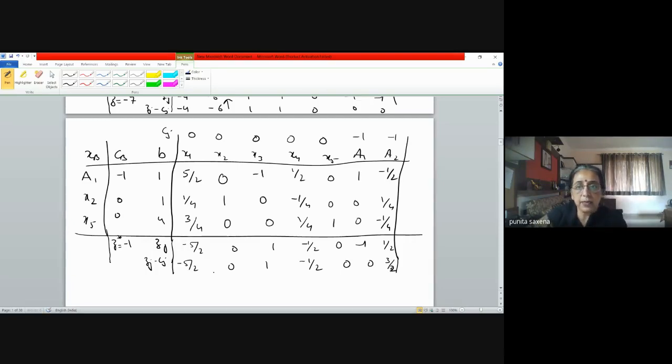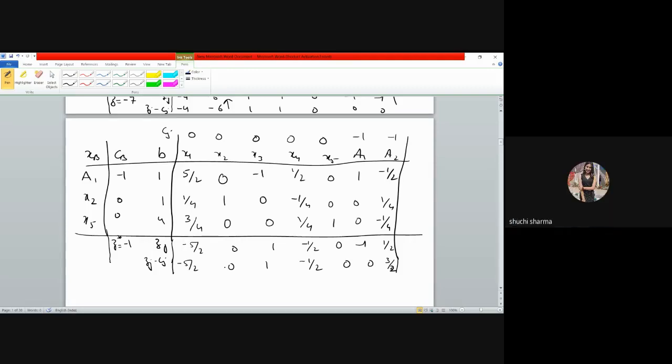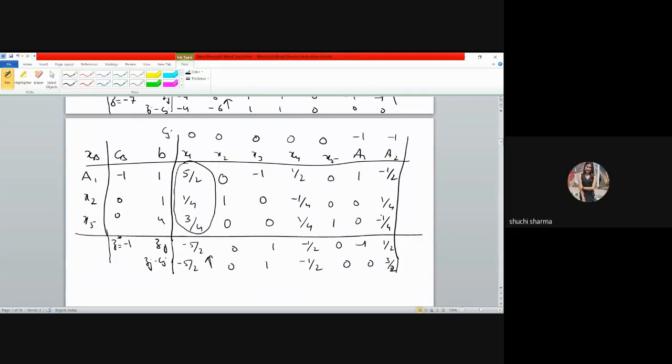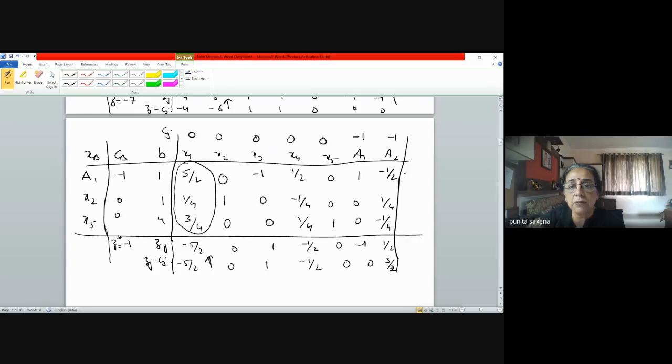So which variable enters now? X1. X1 enters. That's right. Okay, because it has the most negative Zj minus Cj. Now, with the ratios, which one leaves? A1. A1 leaves because this has the minimum ratio, right?